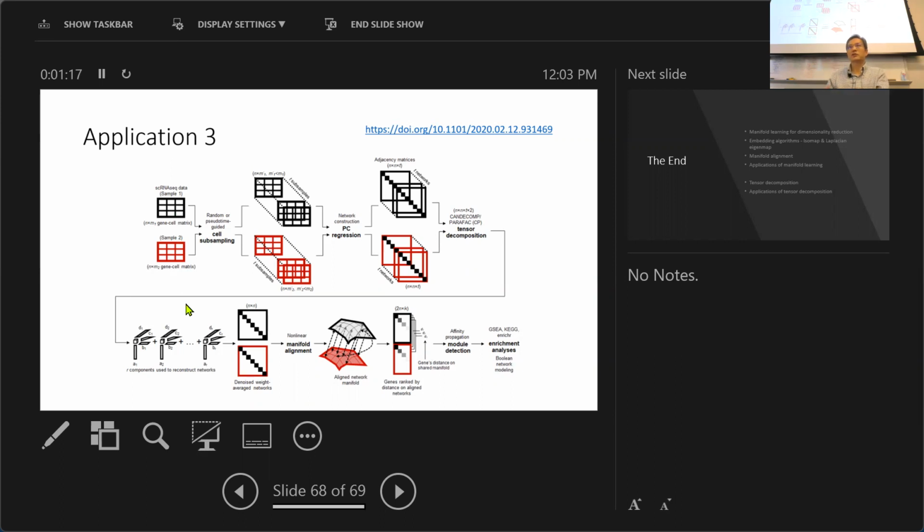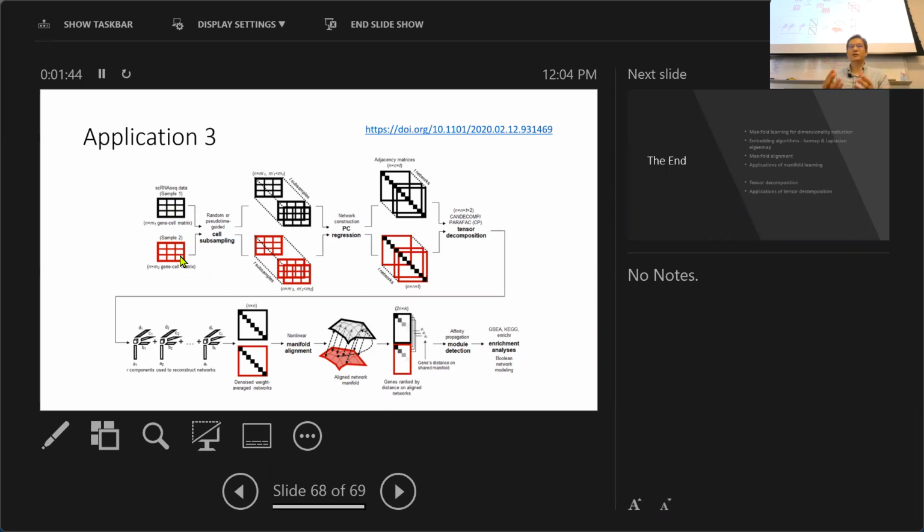And we found also that those genes are the differentially invariant genes in different networks. And those genes are really important functionally. Even though some of the genes are not differentially expressed at all, they just change their partners in their corresponding networks in either sample 1 or sample 2.